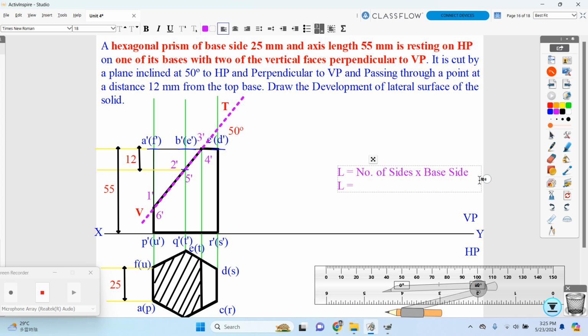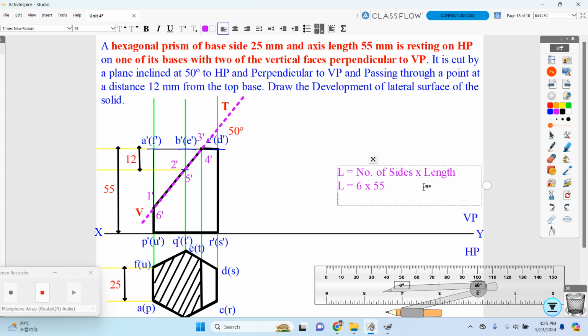How many sides over here? 6 sides into the length of the axis, which is 55. This is your length.